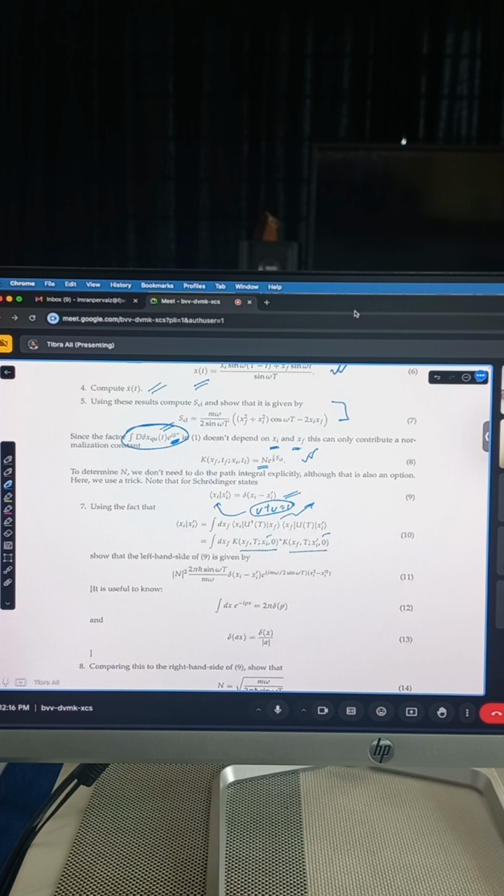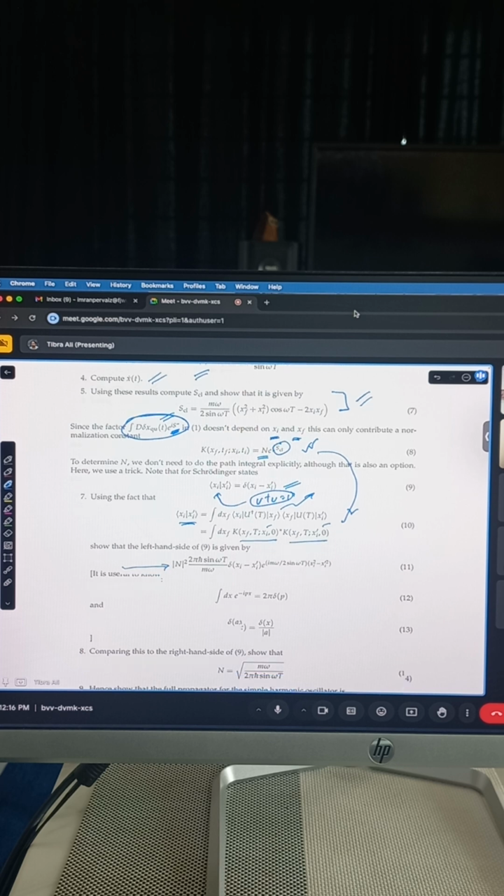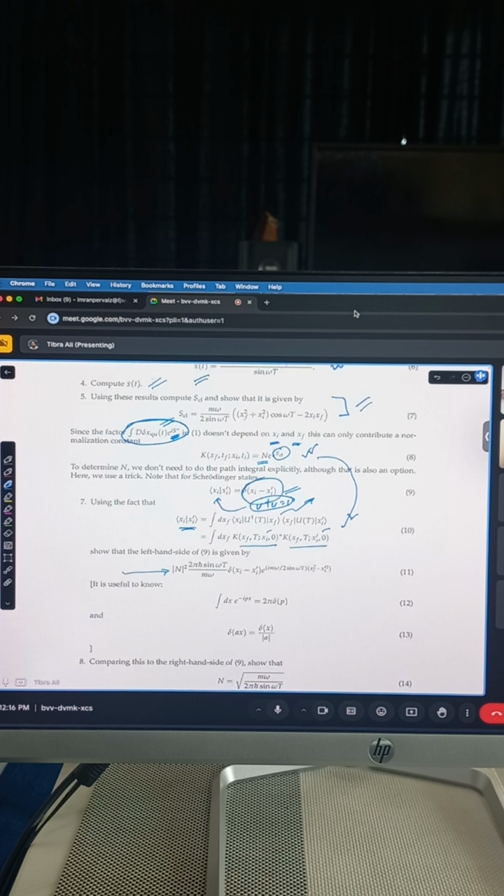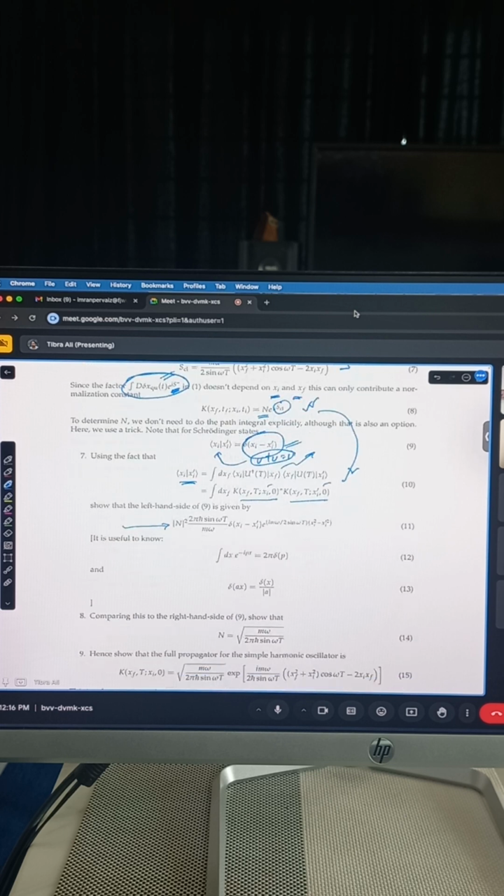So if you put in this expression with S classical given by this, then after a bit of calculation, you can show that this object is given by this expression. Now, the right-hand side is just a delta function, so we can rewrite it in this way.